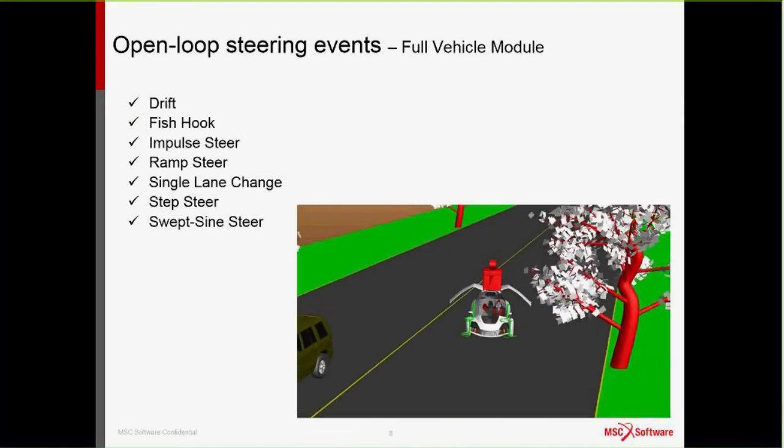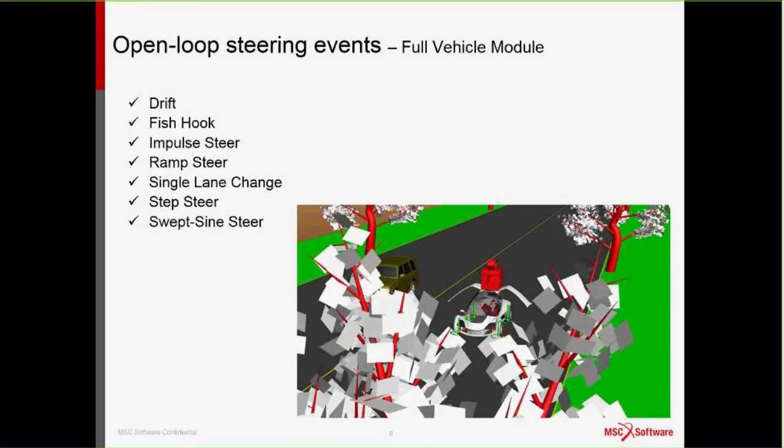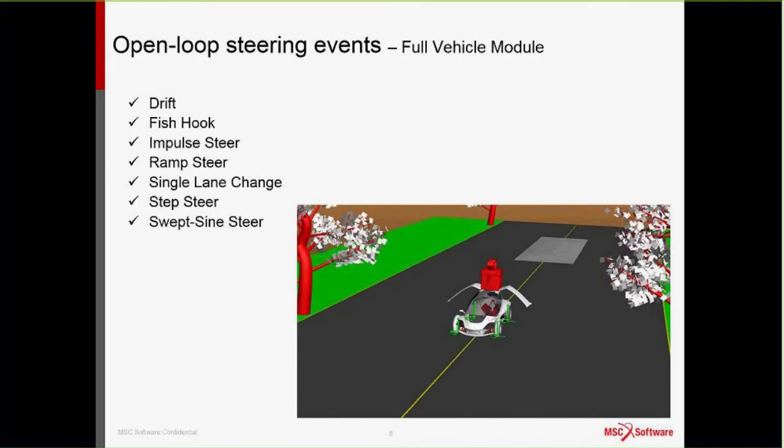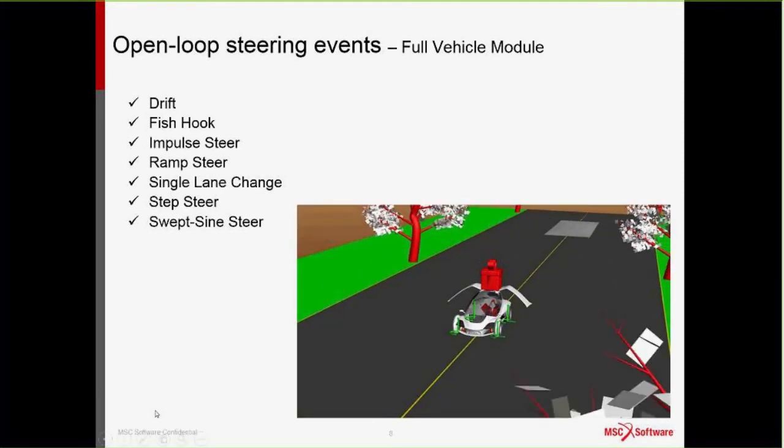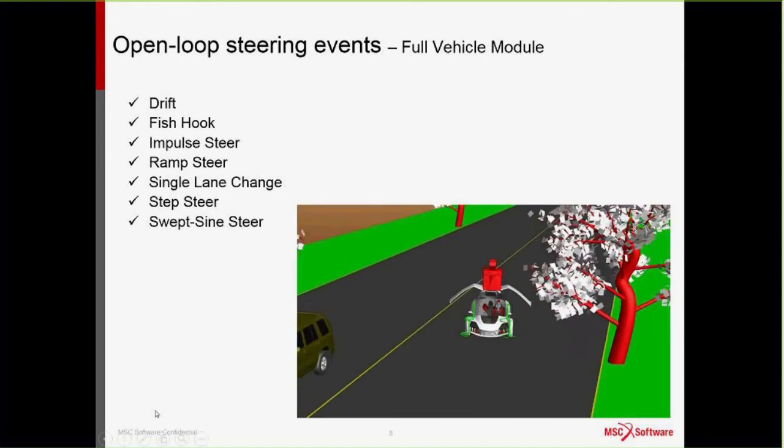Adams Car comes with a set of open loop steering events. By open loop, we mean there's no feedback in the system, which means the input is not going to be affected by the output of the vehicle.